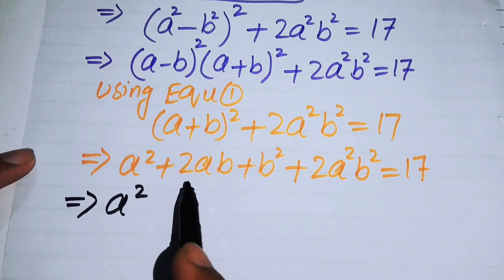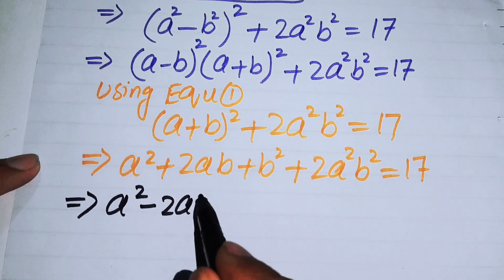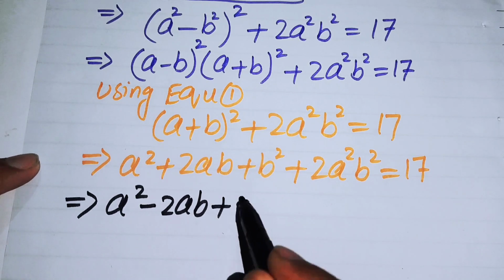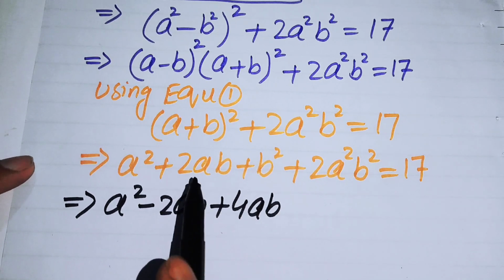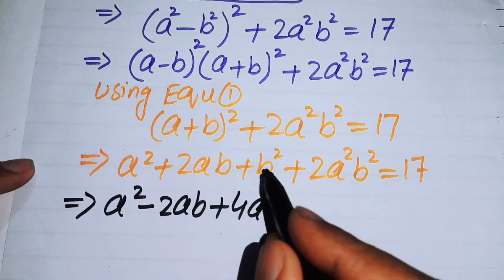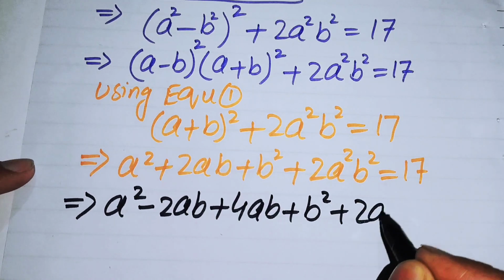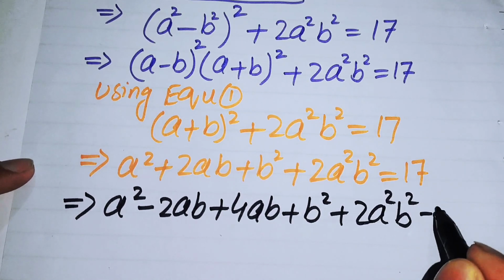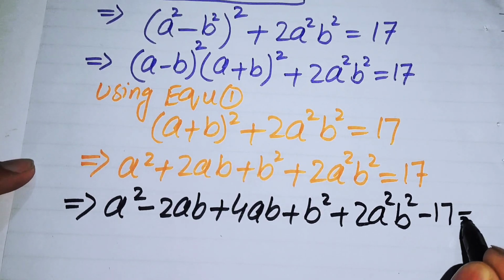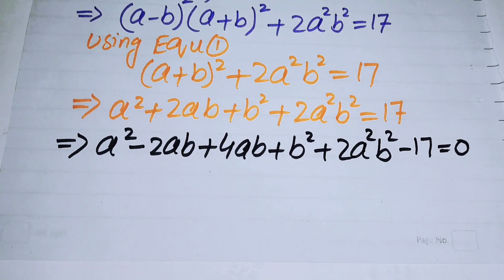And in the next step we need more simplification, and we write this expression as a^2, plus 2ab, and we write it as minus 2ab plus 4ab, and you know that minus 2 plus 4 equals plus 2ab. So here you have plus b^2 and plus 2a^2b^2, and we move the 17 to the left-hand side, and it becomes minus 17, and this whole equals 0.